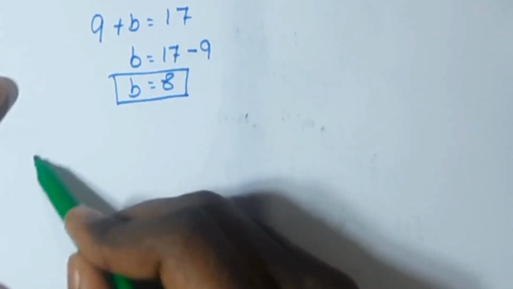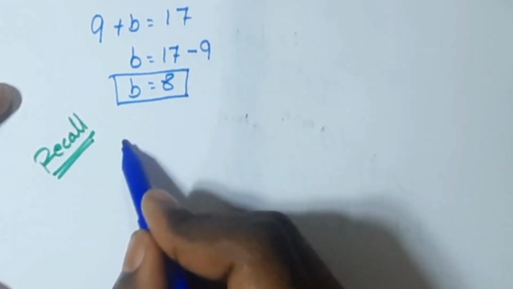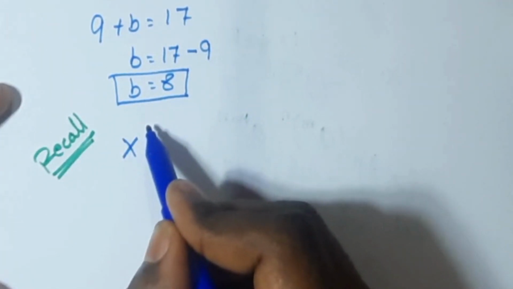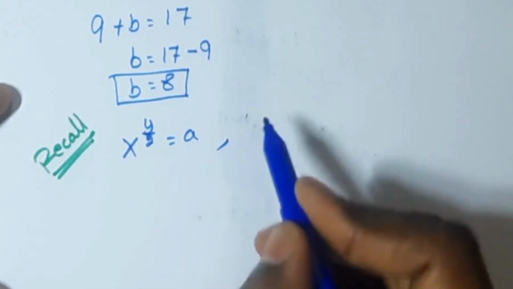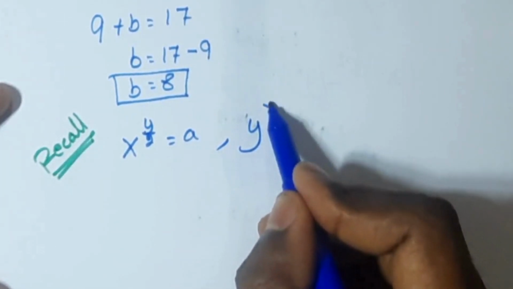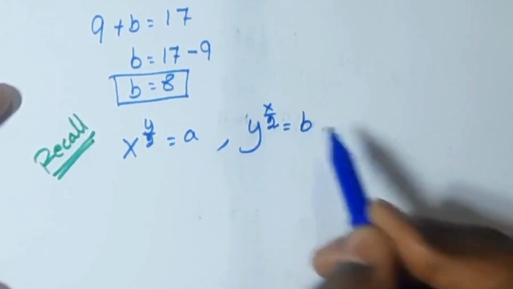Just recall x to the power of y by 2 equal to a, y to the power of x by 2 equal to b.